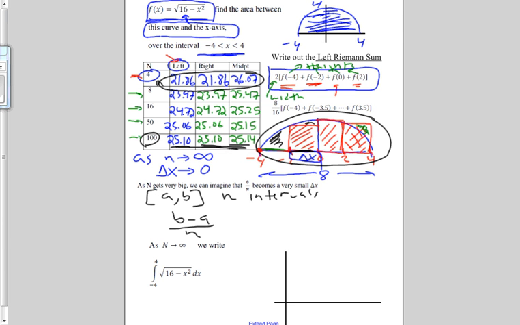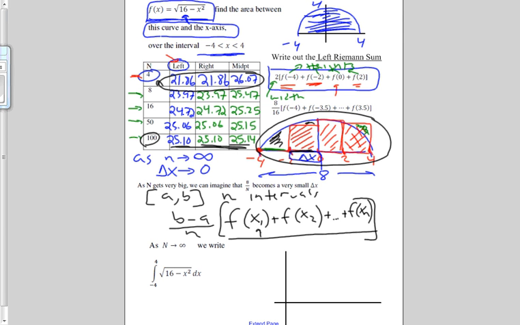That's the width of each rectangle, and then I'm multiplying this by f of x1 plus f of x2, where this is either my left, right, or midpoint, plus dot dot dot all the way up to f of x n. And as n gets really, really big, as n gets huge, we're going to have many, many, many more terms.